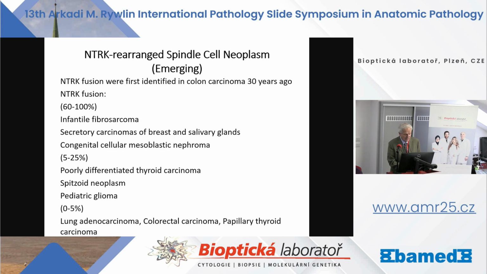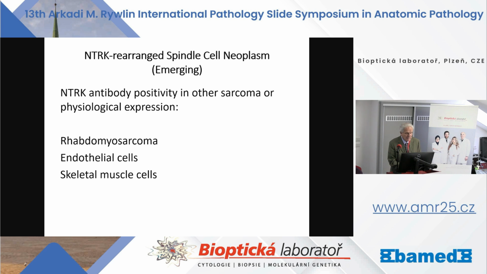In few cases, it's possible to find it in lung adenocarcinoma, colorectal carcinoma, and papillary thyroid carcinoma. And the NTRK antibody is positive in this type of tumor, but it can also be positive in rhabdomyosarcoma, endothelial cells, and skeletal muscle cells.